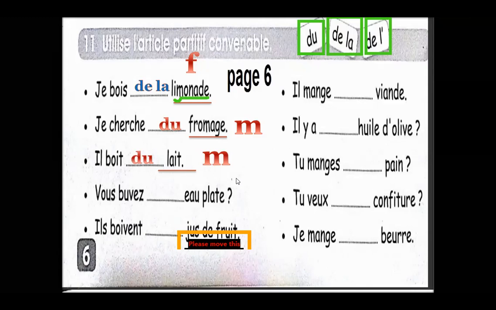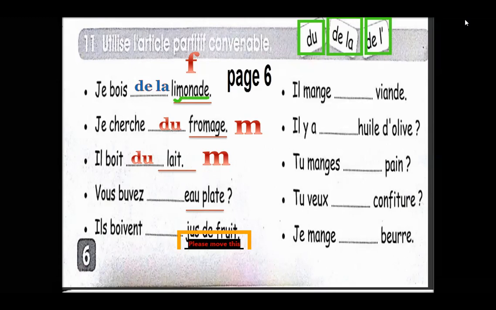Vous buvez. You drink. Eau plate. Eau means water. But notice here what? Ziad Khalid. We will choose de l'.